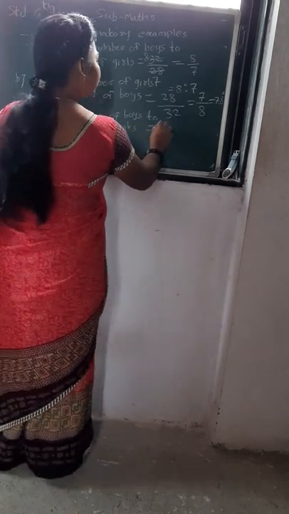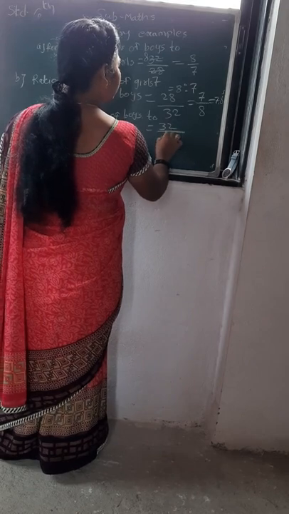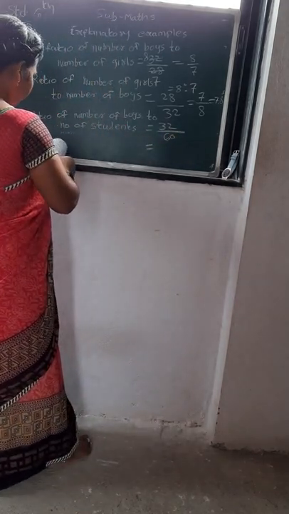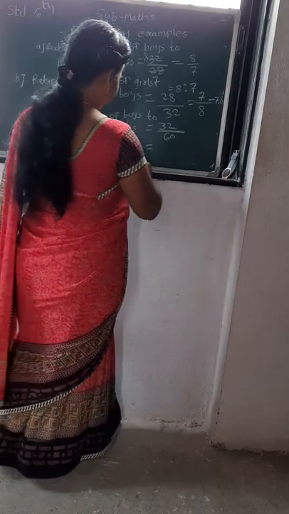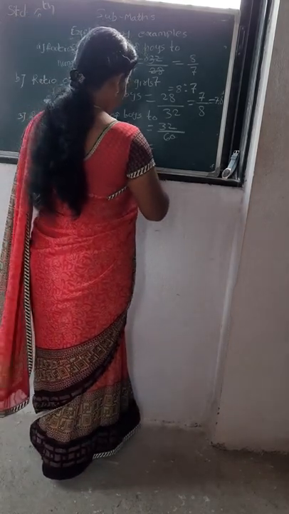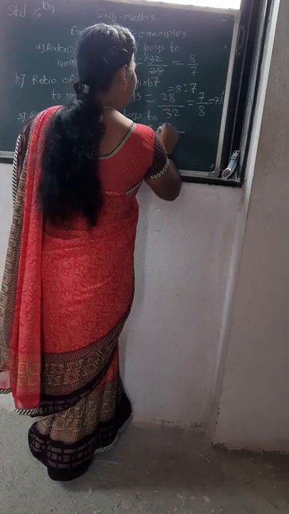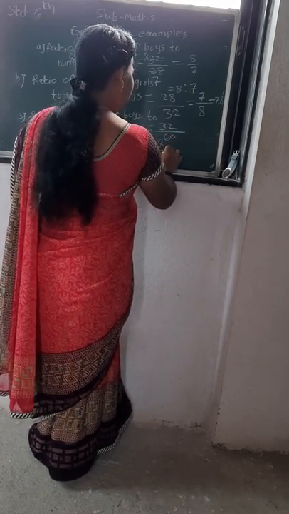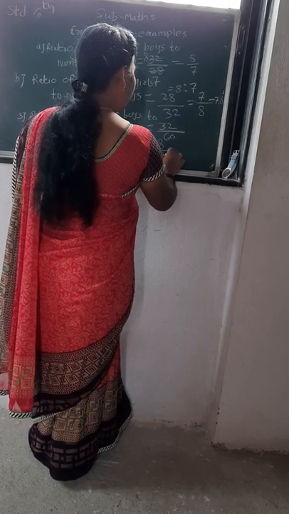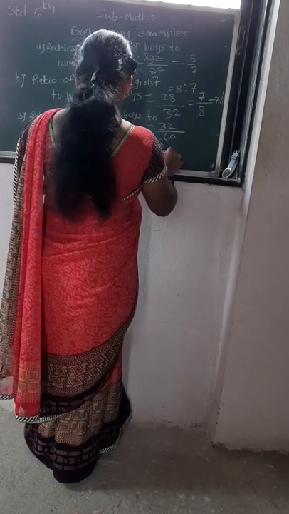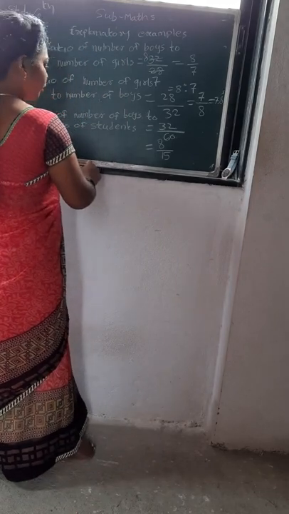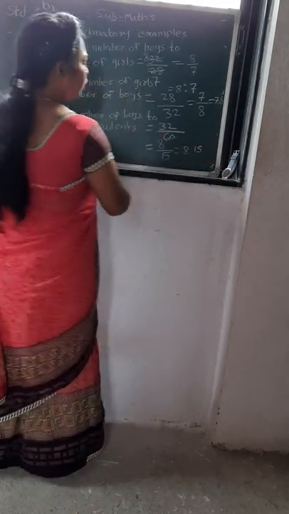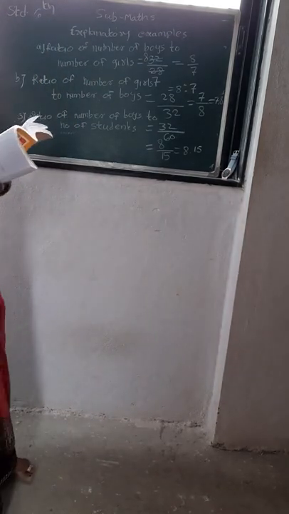Number of boys is 32 and total students is 60. Then ratio is 4 8s are 32, 4 15s are 60, so 8 upon 15 or 8 to 15. This is the ratio.